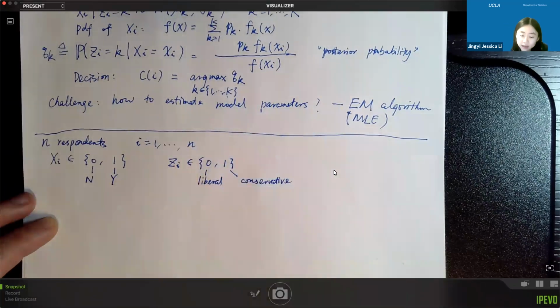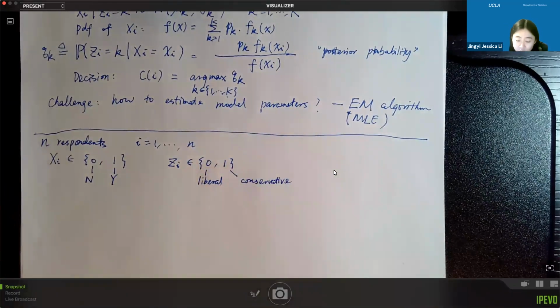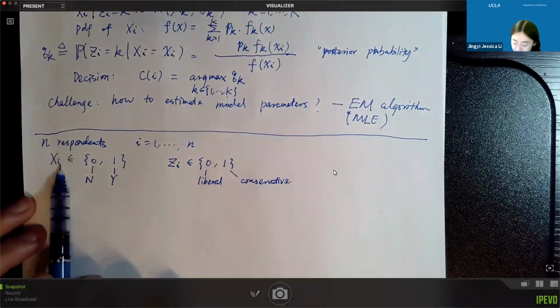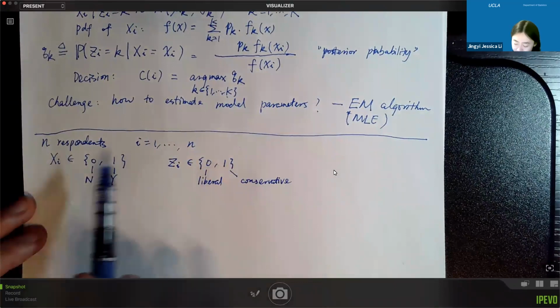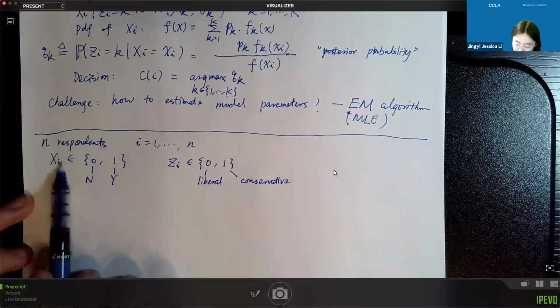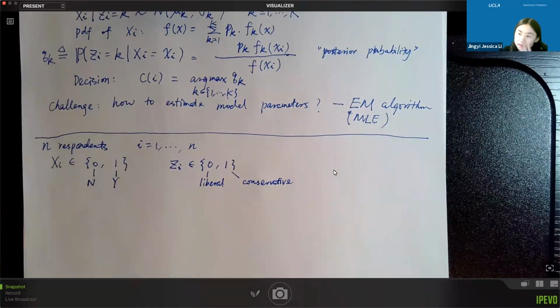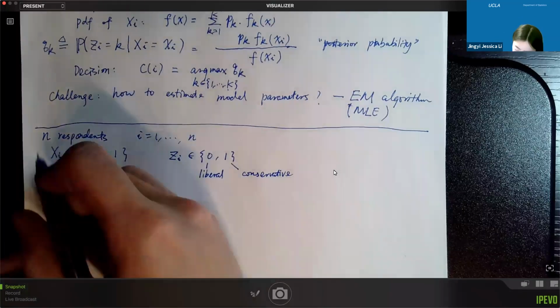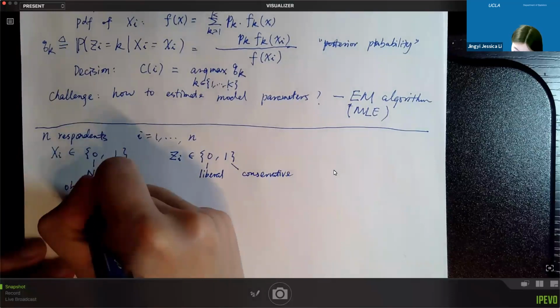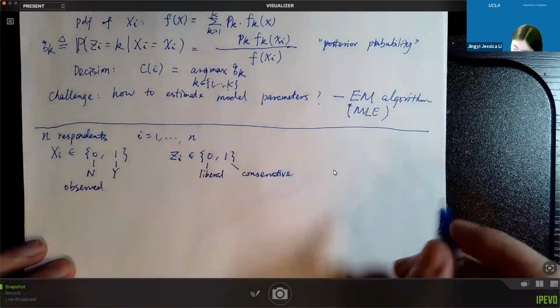Okay, so then we are going to infer whether this person is a conservative person or a liberal person based on these xi's. So that's the simple problem we're going to tackle here. The xi's are observed and the zi's are hidden.